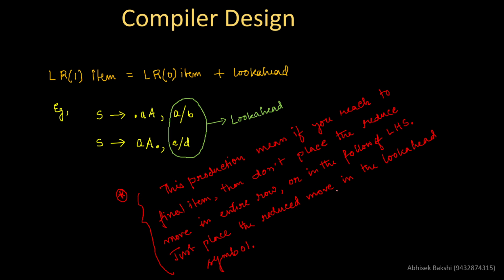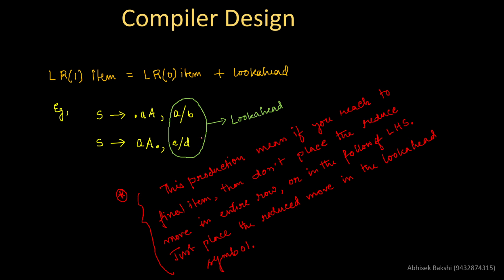We are not talking about the shift move again, so the shift move remains the same. But in the case of the reduce move, what we are saying is, you don't need to place it in the entire row, you don't need to place it even in the follow of the LHS. I'm filtering it more and saying just place it in the lookahead symbol.